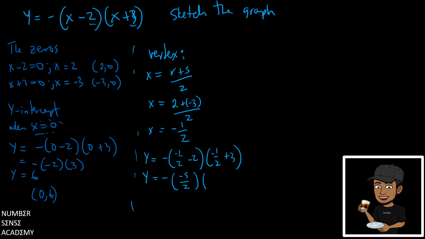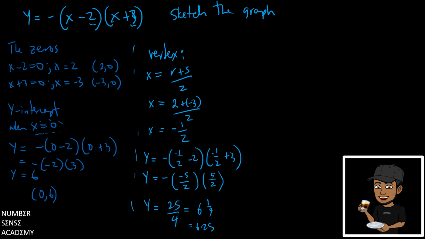And then 3, if I want 2 in the denominator, is 6 over 2, so negative 1/2 plus 3 is 5 over 2. So y is equal to negative of negative 5 over 2 times 5 over 2, which becomes 25 over 4, which is the same as 6 1/4, which is equal to 6.25.